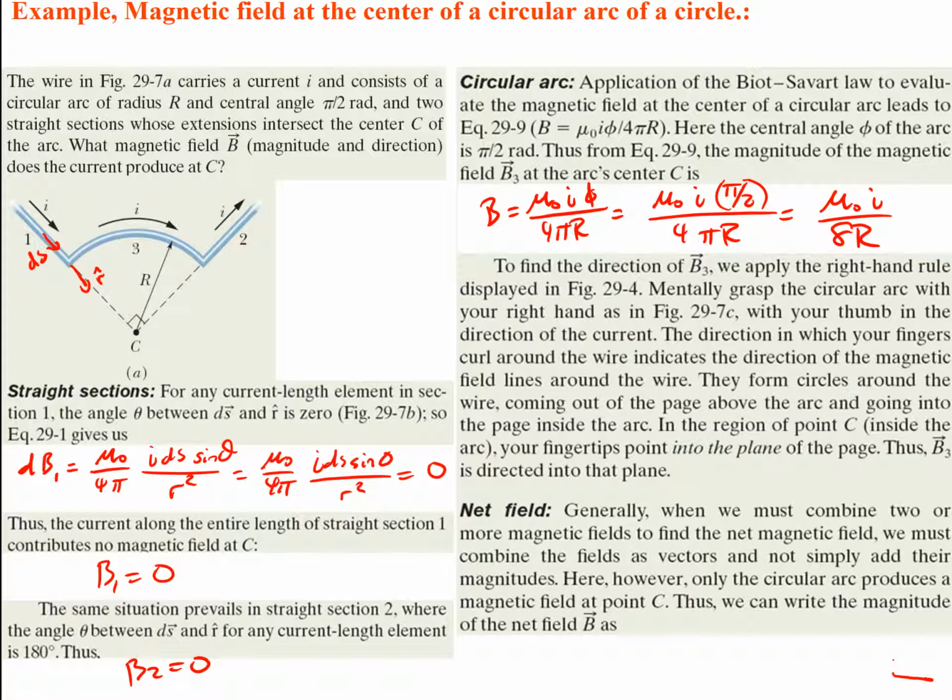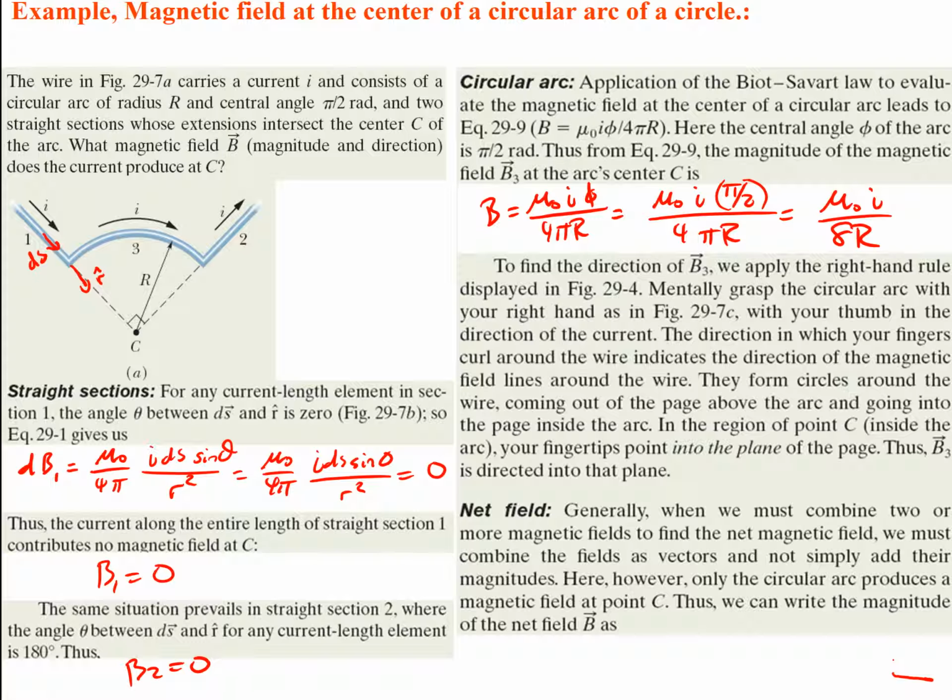Okay. So to find the direction of B3, we apply the right-hand rule, and we mentally grasp the circular arc with our right hand. So we're taking this arc and wrapping our hand around it. But your thumb needs to be in the direction of the current, so we sort of have to wrap our hand around the other way.